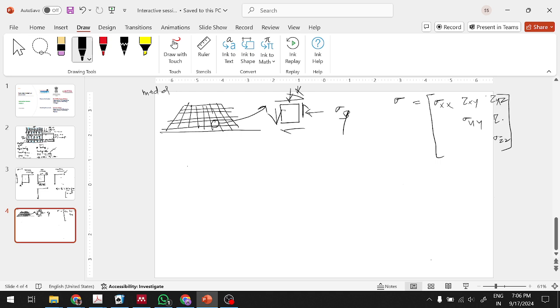Because this is just one point, this was the first step. I got this Cauchy stress tensor from this. More in continuum mechanics, what we do is we transform the axes. This was my axis, x and y. Now I'm going to rotate it.